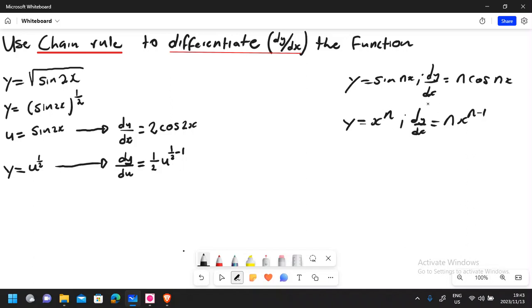So this is what we did here. Our n here is half, so we multiply by half, and then we have u, in this case, to the power of 1 over 2 minus 1.